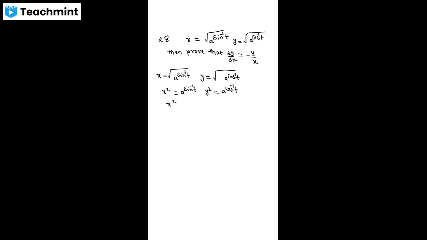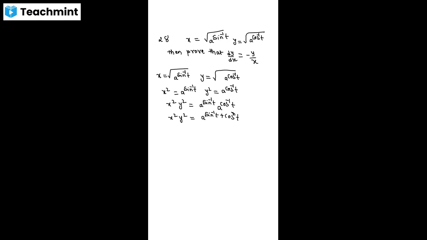x square into y square is equal to a raised to sin inverse t into a raised to cos inverse t. If bases are same, powers must be added. So x square into y square is equal to a raised to sin inverse t plus cos inverse t.